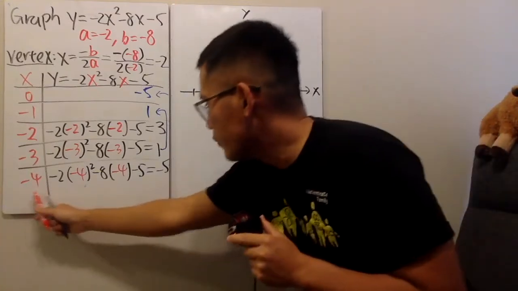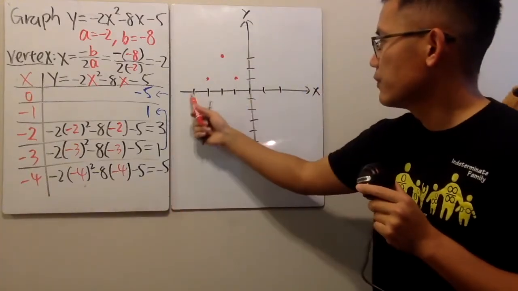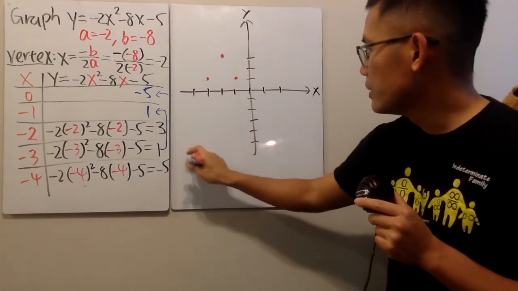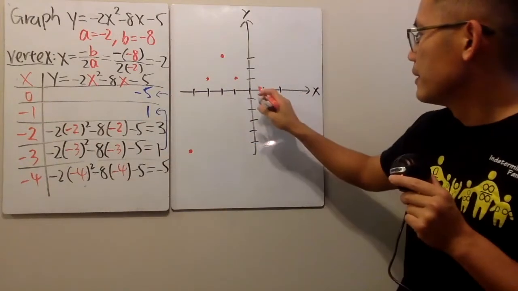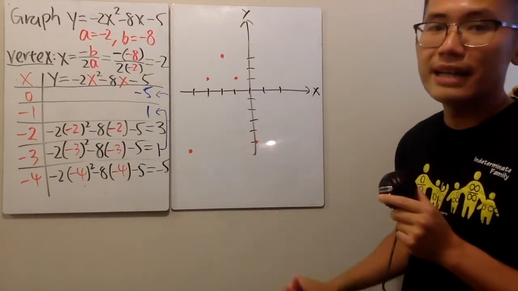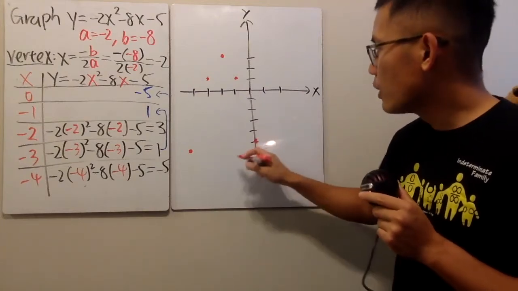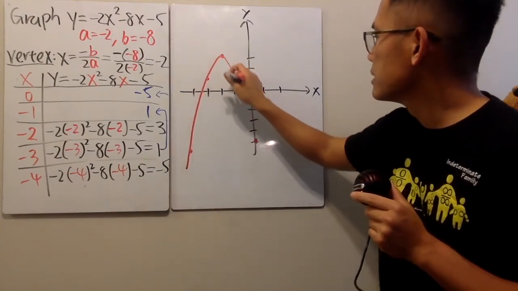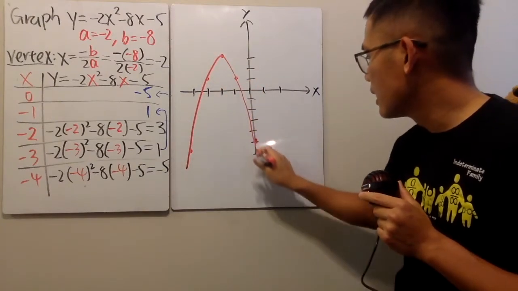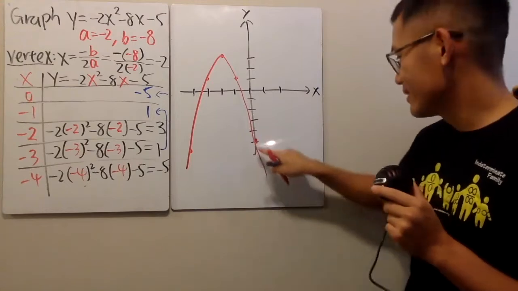Then we have negative 4, negative 5. So negative 4, negative 5, it will be right here. And lastly, 0, negative 5. 0 and negative 5, like that. In the end, of course, just go ahead and connect the dots with a nice parabola, like that. And we are done, like this.